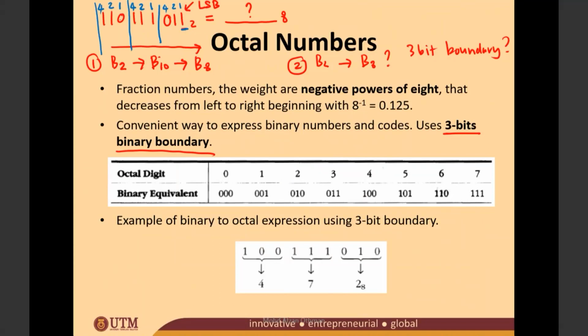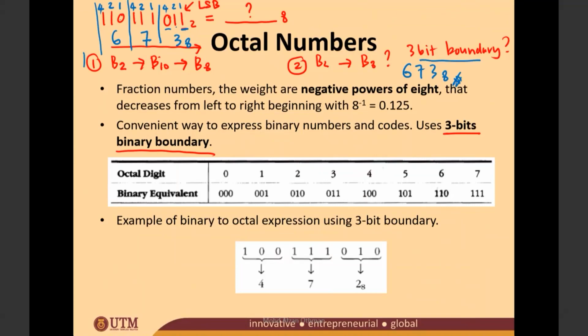Darablah dia punya weightage. Okay, yang ni 0 tambah 2 tambah 1, 3. 4 tambah 2, 6 tambah 1, 7. 4 tambah 2, 6 tambah 0, so 6. So this is the jawapan dalam asas 8. So jawapan dia adalah 6, 7, 3, base 8. Okay, by using the 3-bit boundary.